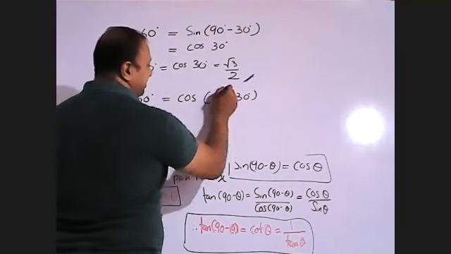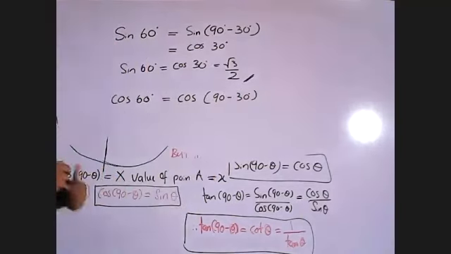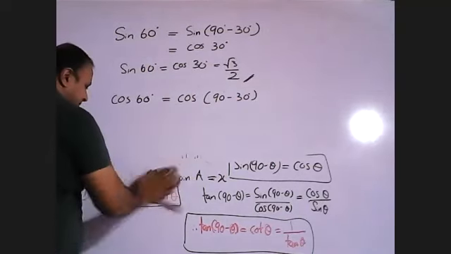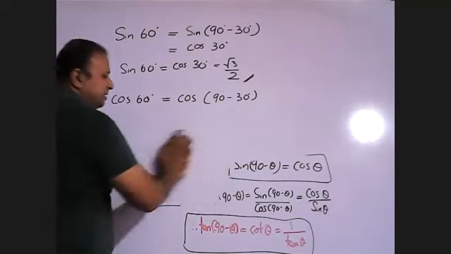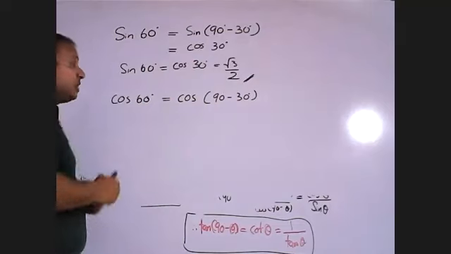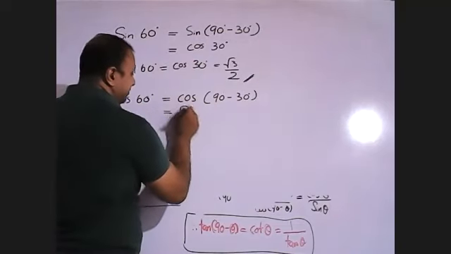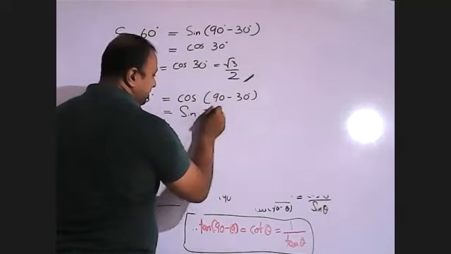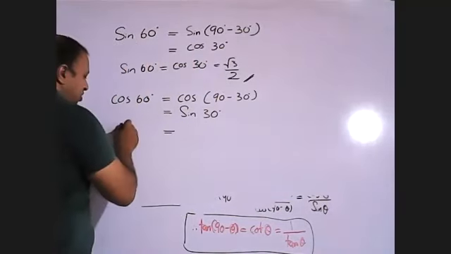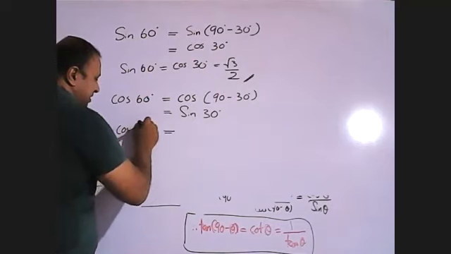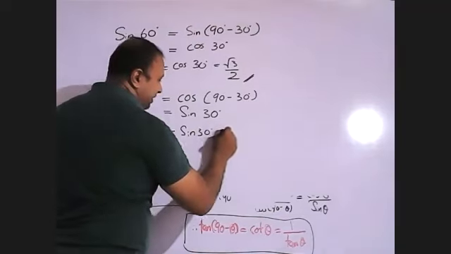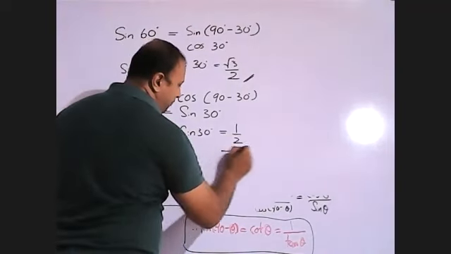Therefore, cos 90 minus 30 is equal to sin 30. Therefore, cos 60 is equal to sin 30, and that is equal to half.